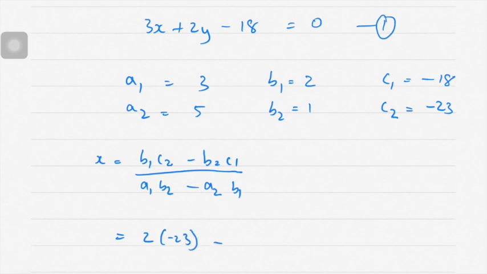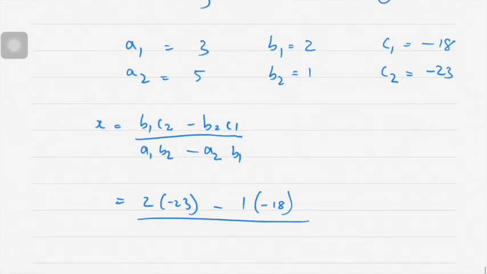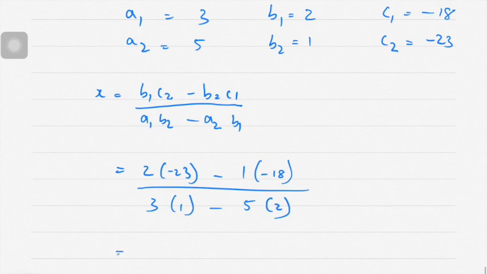So my B1 is 2, my C2 is minus 23, minus B2. B2 is 1 and C1 is minus 18, upon A1 is 3, B2 is 1, minus A2 is 5 and B1 is 2.